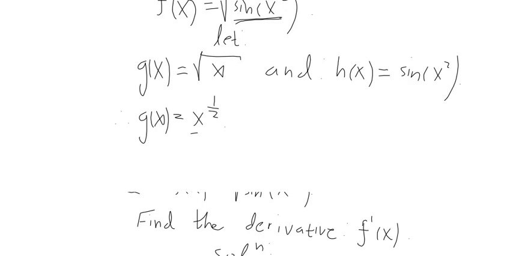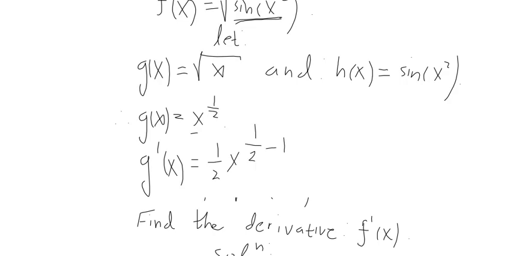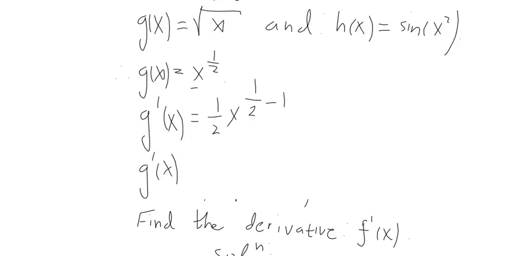x to the nth power. Take the derivative of this: g prime of x is equal to n, which is 1/2, the exponent, times x to the power of n minus 1, 1/2 minus 1. This now becomes g prime of x is equal to 1/2 x to the negative 1/2.